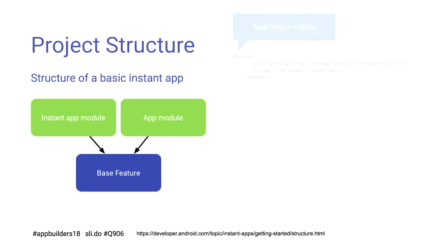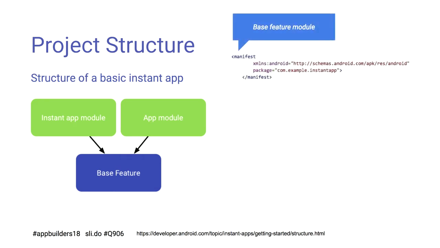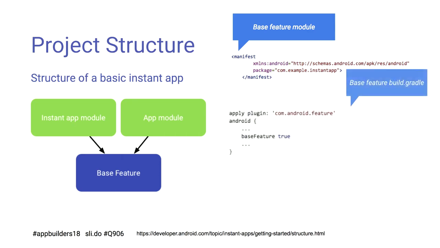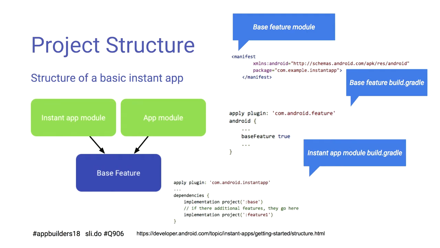What changed? Actually, the package name is the same because it's part of your application. The only thing that changes is that your plugin will be feature instead of library or application. And if it's the base feature, you set this in a Gradle file. This is the instant app's Gradle file.